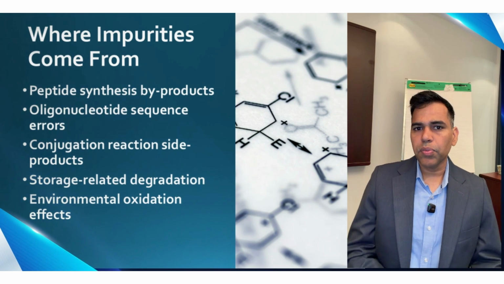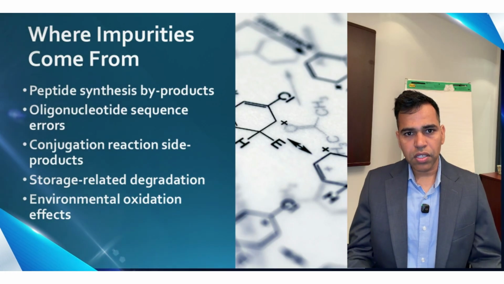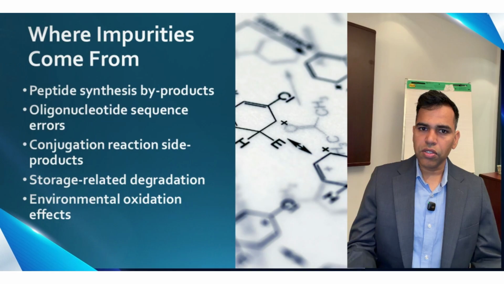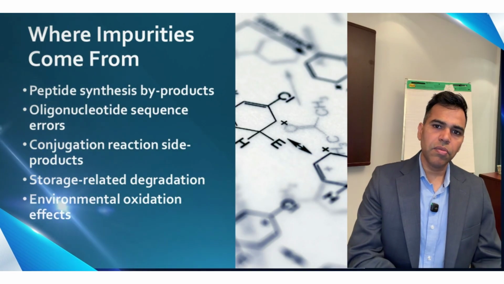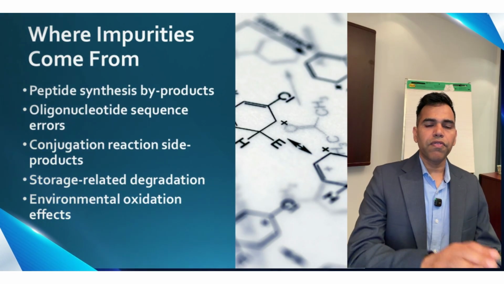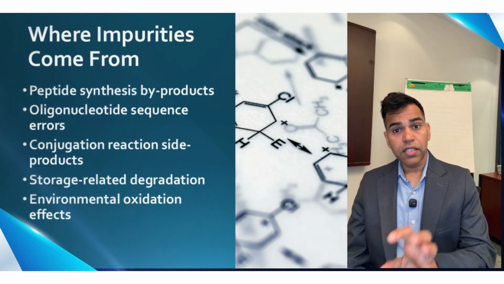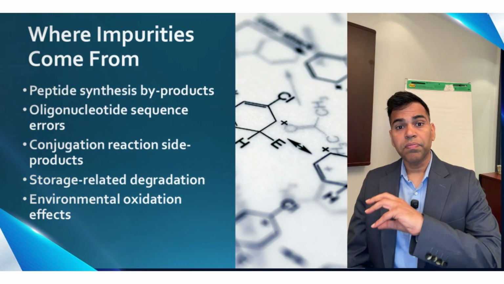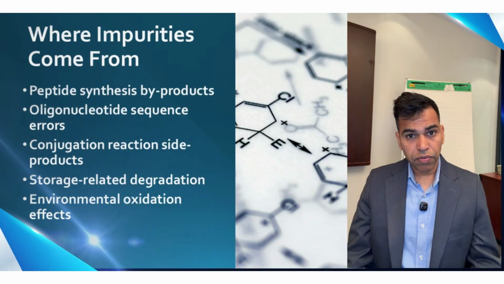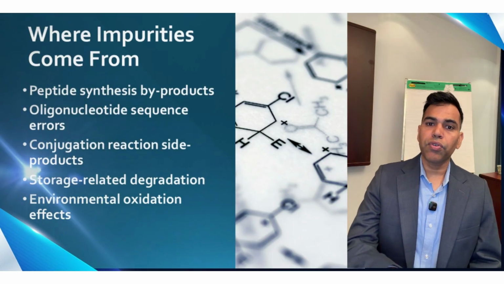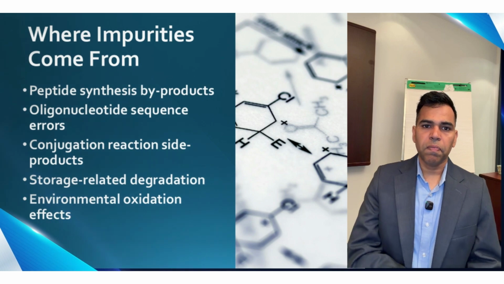Peptide synthesis produces truncated sequences, deletion products, and racemized residues that can be structurally similar to your target but pharmacologically distinct. Oligonucleotide synthesis contributes N-1 fragments, short sequences, and incomplete phosphorothioate substitutions.